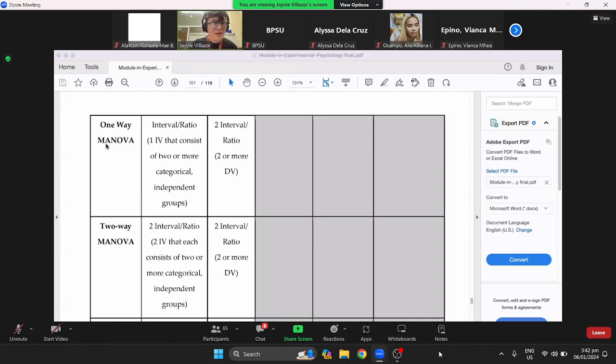So, si one-way MANOVA, ang independent variable niya, isa. Pero ang levels niya or independent groups niya, two or more. Pero ang dependent variable niya is two or more, na dapat interval ratio.